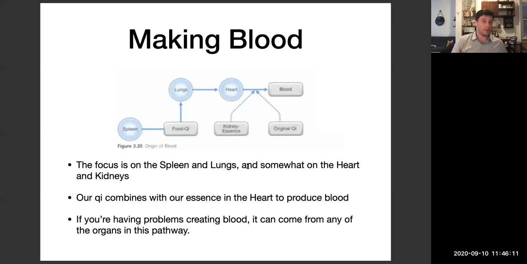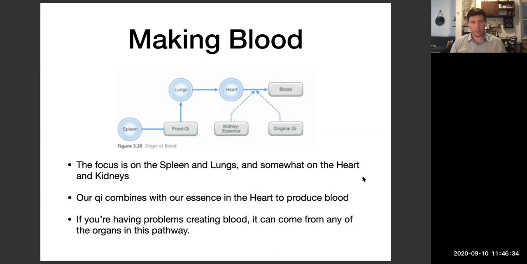Similar process, except that when it comes to making blood, we don't care. So when we're making blood, the spleen makes gu qi, sends it up to the lungs, but we don't have da qi here. We don't care about the person's breath.